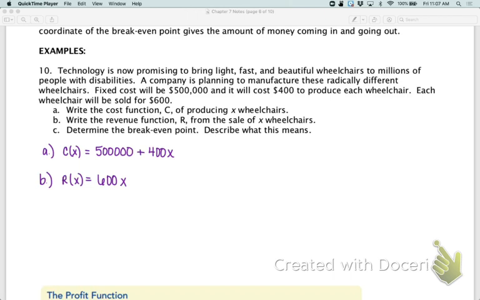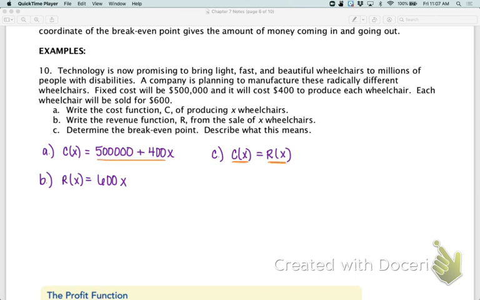Okay. C then wants us to find the break-even point. The break-even point is where these two equations are equal to each other. So essentially, we want to find where does C of X equal R of X. And so this is basically the substitution method because I know what C of X is equal to, so I'm going to substitute that.